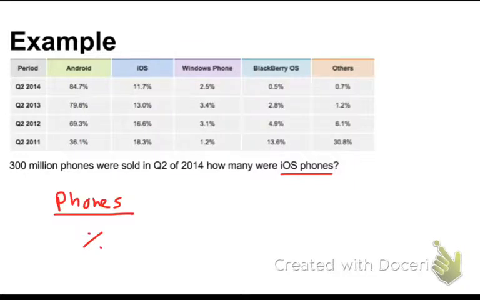Now I know that the number of iOS phones was 11.7%.